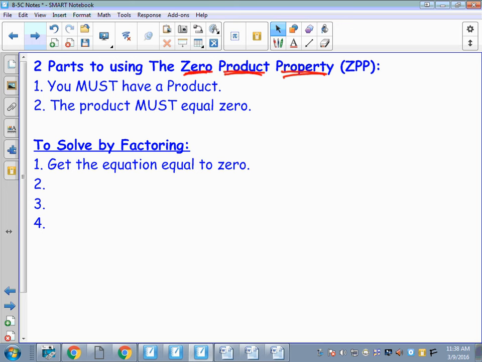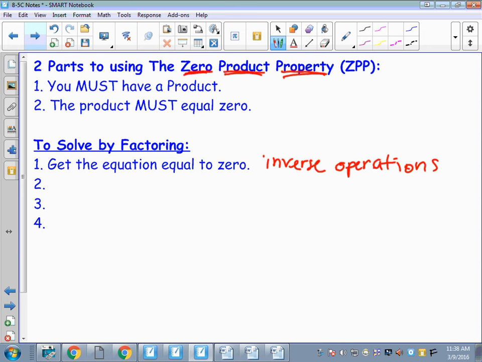So to get 0, we use inverse operations. We add, subtract, multiply, and divide to get things to move to the other side of the equation. After you get it equal to 0, now you probably have a bunch of addition and subtractions, so you need to factor. Okay? Factor to get a product.